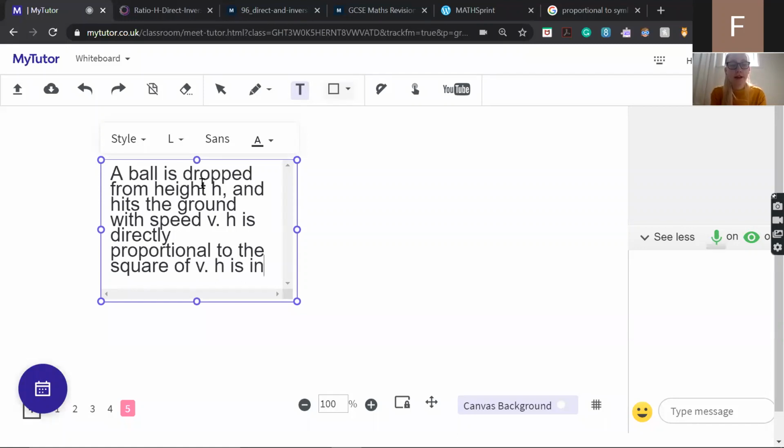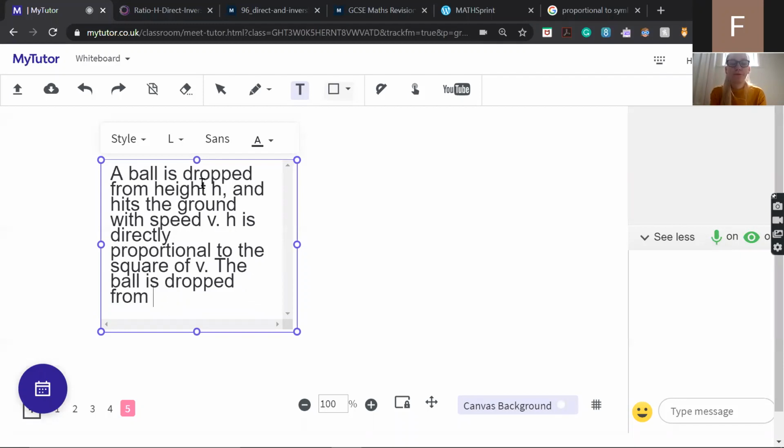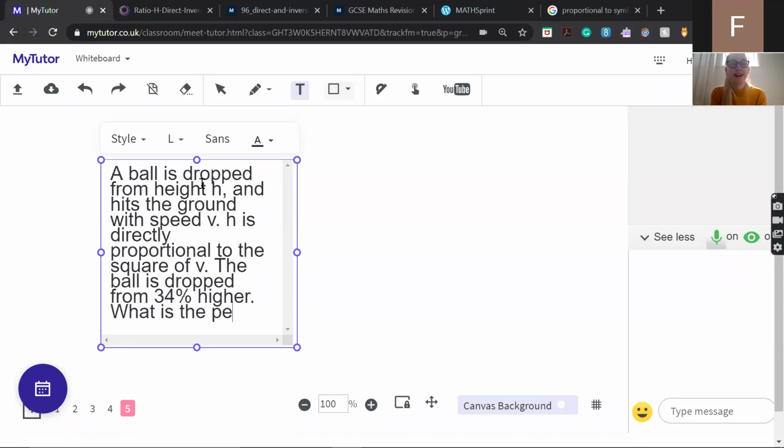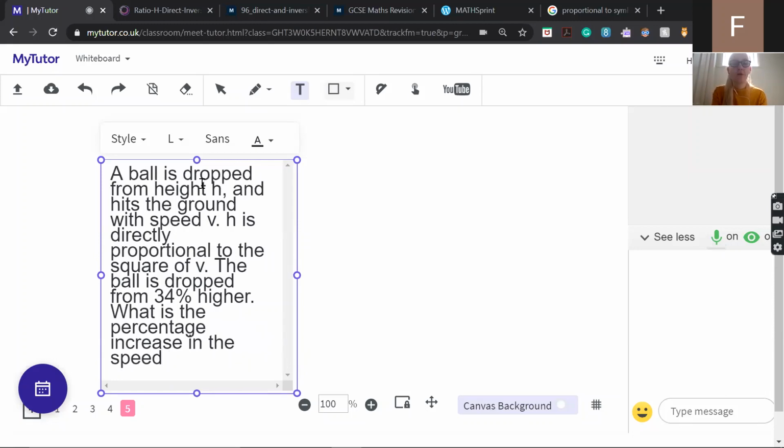Let's just say, the ball is dropped from, what should we go for? 34% higher. Let's just go crazy. What is the percentage increase in the speed at which it hits the ground?